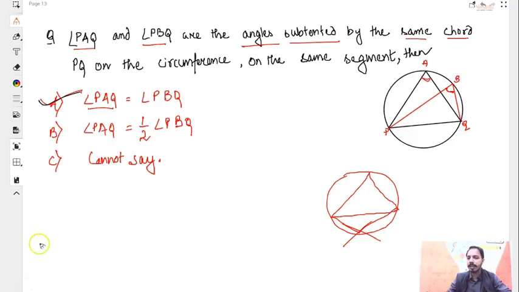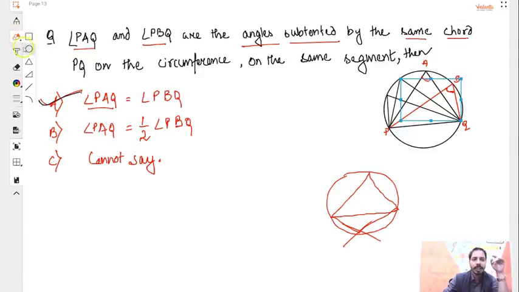And now you see, it doesn't matter where we draw the angle, but one thing is this angle should be at the circumference. So I can draw infinite angles here and all of them will have the same value, but I have to draw it on the same side of the segment, and that too on the circumference.